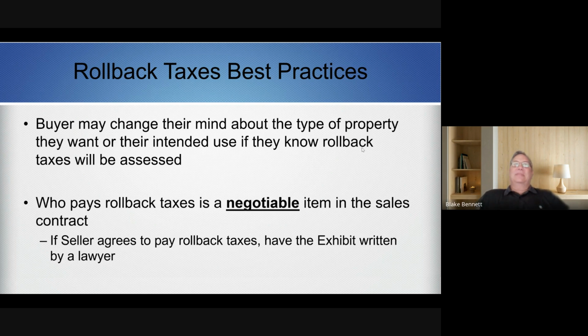Well, the seller ended up getting a notice that rollback taxes were due on that 3 acres, and it was sent to the seller. Seller was irate, saying, I'm not the one that changed use. The person that bought it did. No. The appraisal district said, look, whenever you carved off 3 acres, 3 acres will not qualify for an ag exemption.